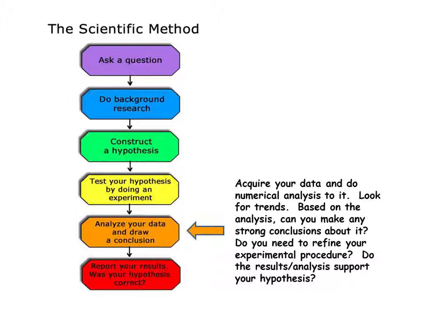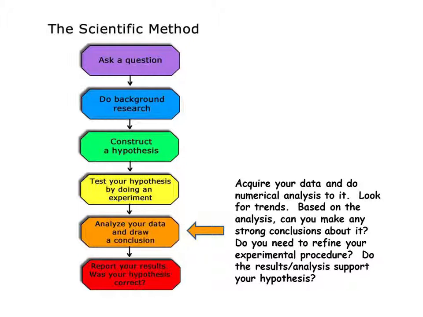So now, does the data show a trend between diameter size of orange and sweetness, right? If that trend does exist, does the trend support your hypothesis, or does it negate your hypothesis?